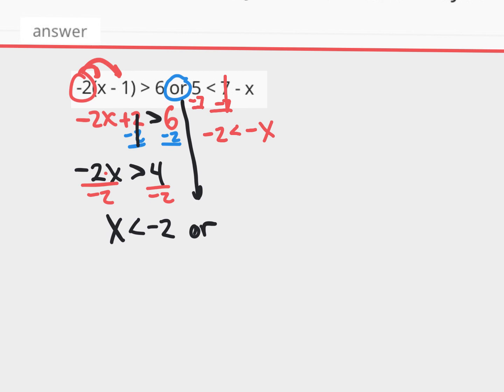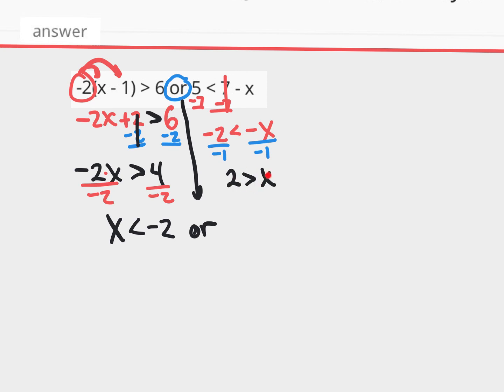For my final step, I am going to divide by -1 to make that a positive x. I don't want a negative x, I want a positive x. So I'm dividing by -1 and dividing by -1. Because I divided by a negative, I need to flip the inequality symbol, and I get a positive 2 over here. So this is my answer.